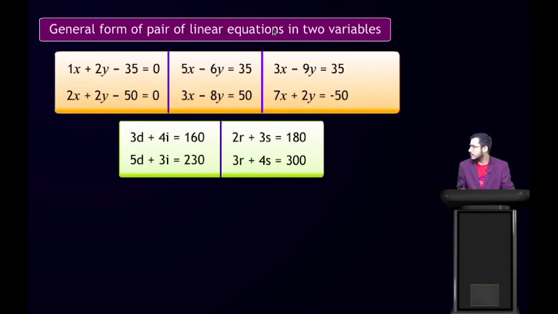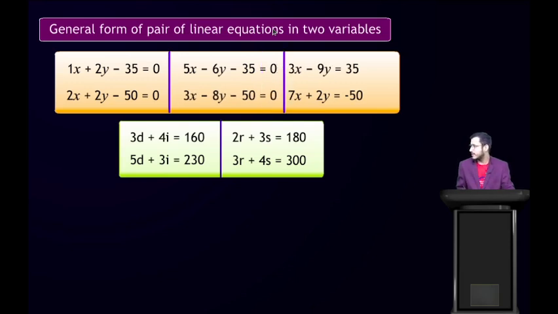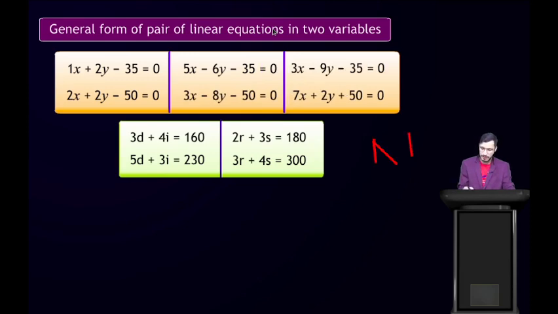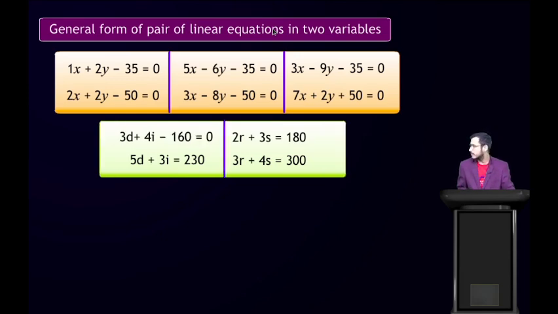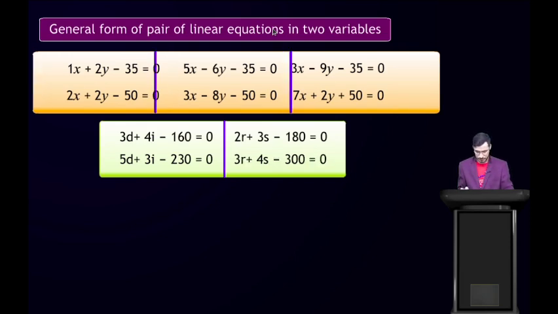In this case we can write 3x minus 8y minus 50 equal to 0. On the RHS we can write 0. And you can see the last equations, 2r plus 3s minus 180 equal to 0, and 3r plus 4s minus 300 equal to 0.